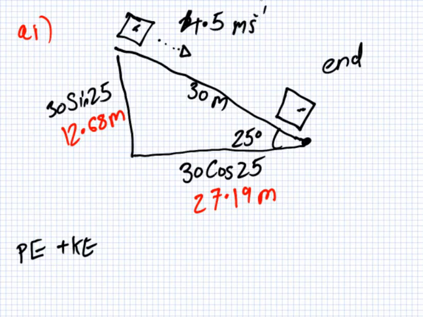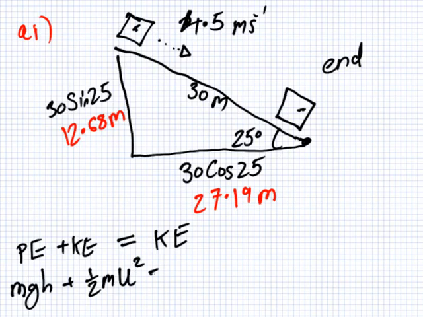Somebody pushed it. And at the bottom it has only kinetic. So we have mgh plus a half mu squared equals a half mv squared.